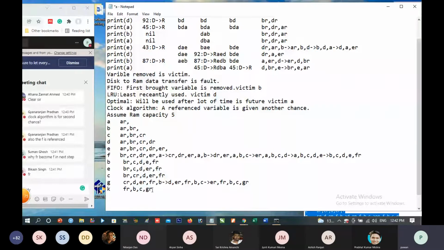Now, this cell FR will be removed, so it will be B, C, GR, E, F. Now B will be removed, and there is no reference, so it will be B, FR, and you see, this will be B, C, GR.